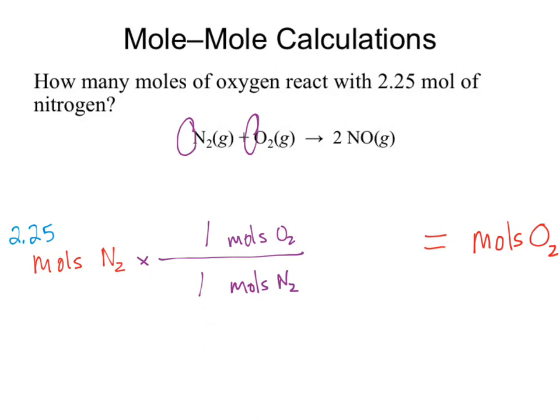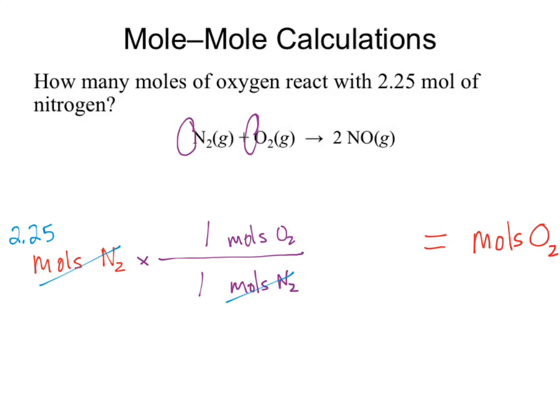What happens with our units? Our moles of N2 cancel. And if we look at our units, what would our units be? Moles of O2. What was the answer that we wanted? Moles of O2. Do we have the correct units? What can we do now?